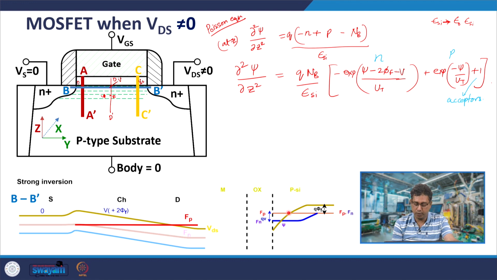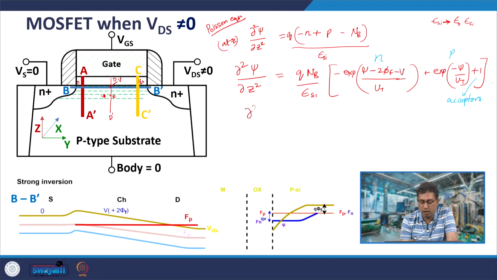Okay. So, you are at some point V here. So, the quasi-Fermi level has also moved down by QV. So, here you have e to the power minus chi by ut, here you have e to the power minus chi minus another V term. Okay.